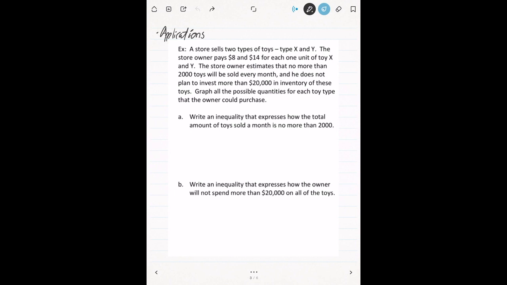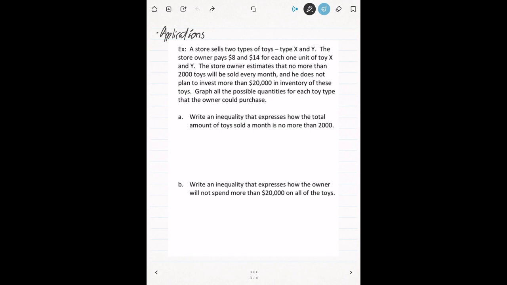Now, the owners estimate that no more than 2,000 toys will be sold every month. And this is usually found based on historical data. You know, as you run a business, you tend to realize, okay, we don't have infinitely many sales each month, right? We tend to stay in a certain boundary area.